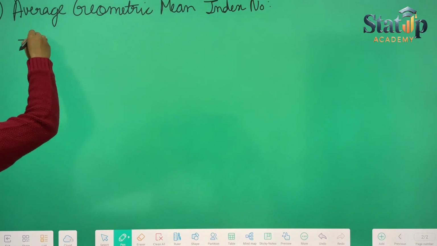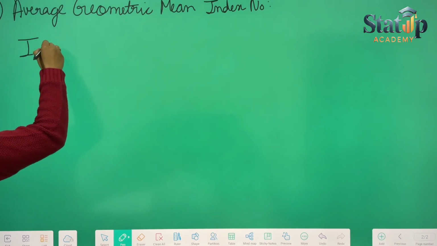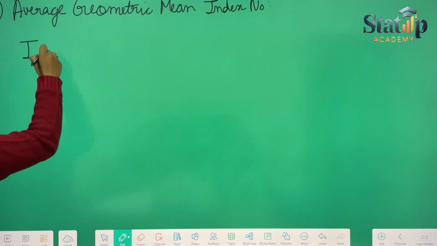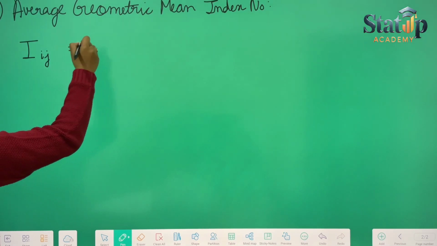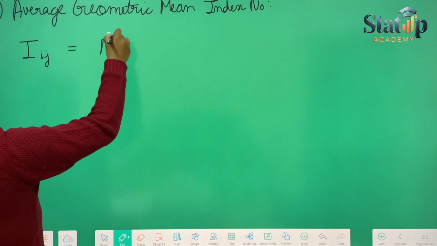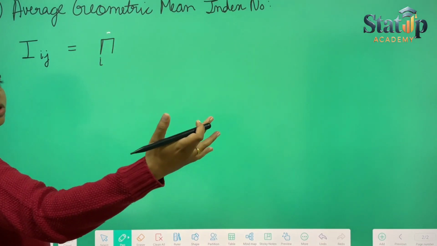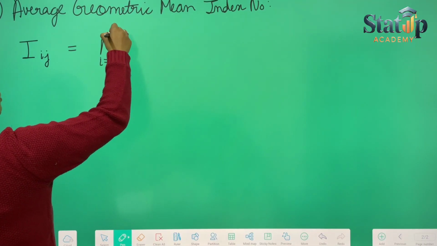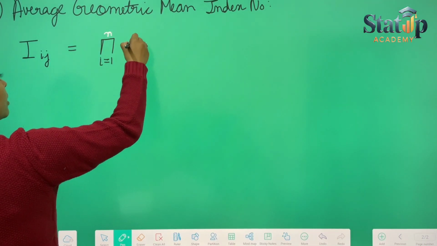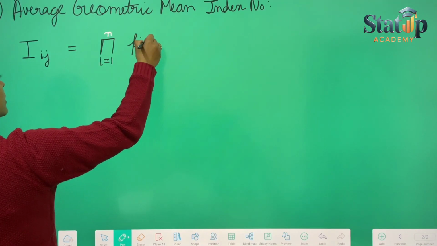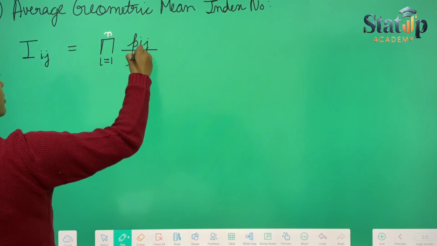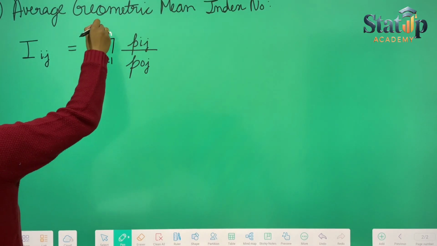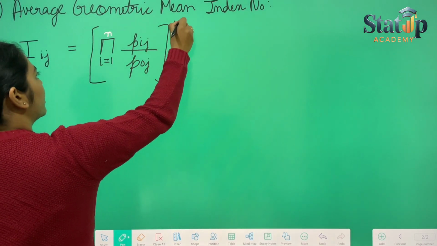So the formula for this one is I0j equals to the product of, because we take summation up till n, so it will be product of j goes from 1 to n, p1j upon p0j, raised to the power 1 upon n.